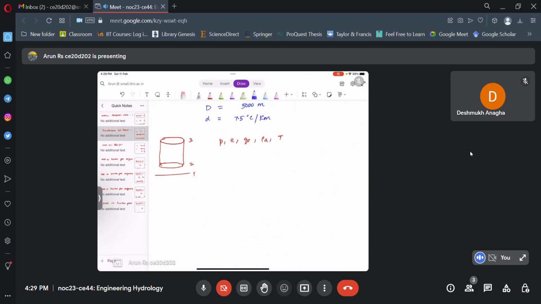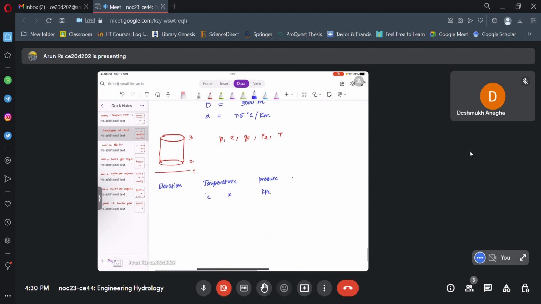So for that I am going to draw a table. This is the elevation at which we are going to take. Then we have temperature in degree centigrade, and temperature we require in Kelvin also. Pressure in terms of kilopascals. Density of air in terms of kg per meter cube.